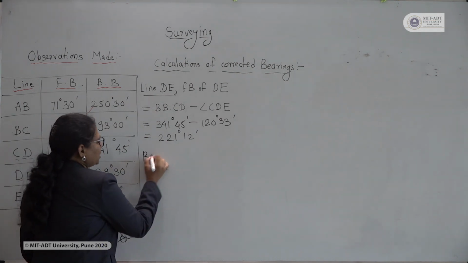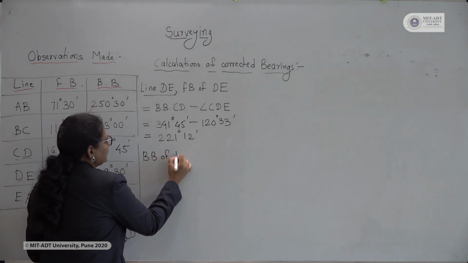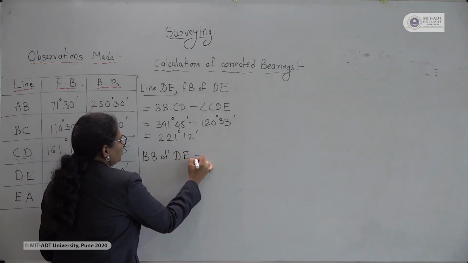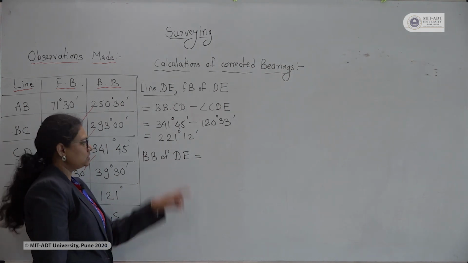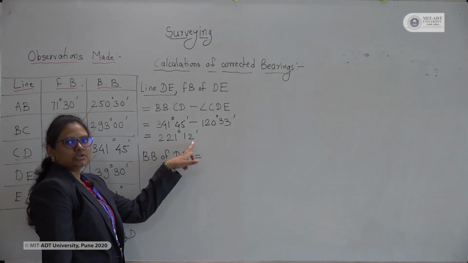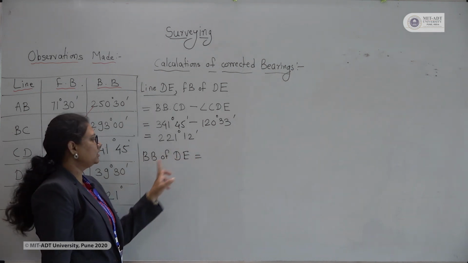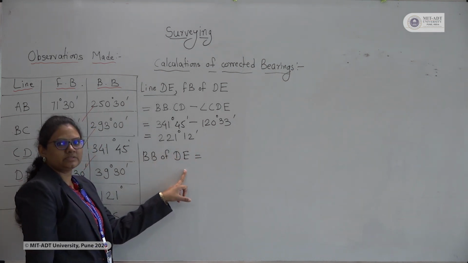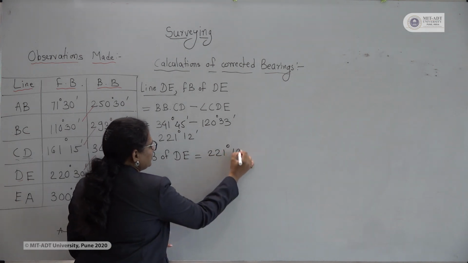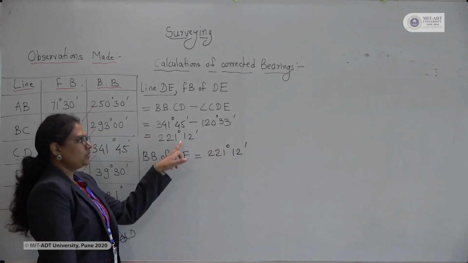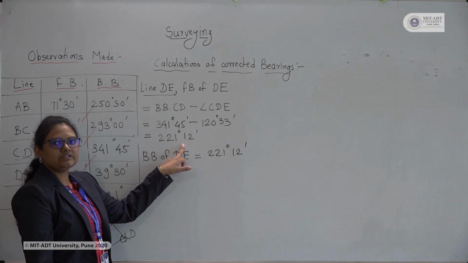Now we will find out the corrected back bearing of this line DE. We know that the difference between fore bearing and back bearing is 180 degree. So this one is the corrected value, and if you subtract 180 from this one, then you will get the corrected back bearing of line DE. So now I will write here 221 degree 12 minutes. If it is more than 180, then we will subtract 180.